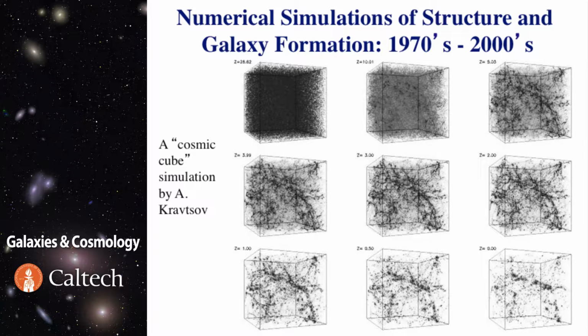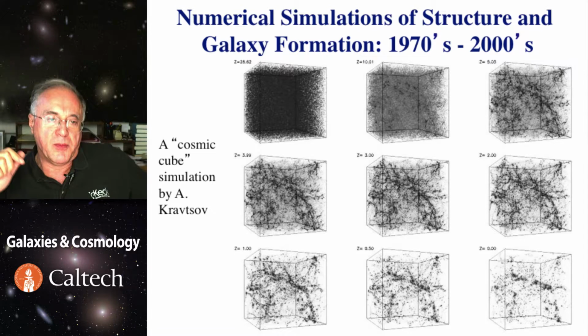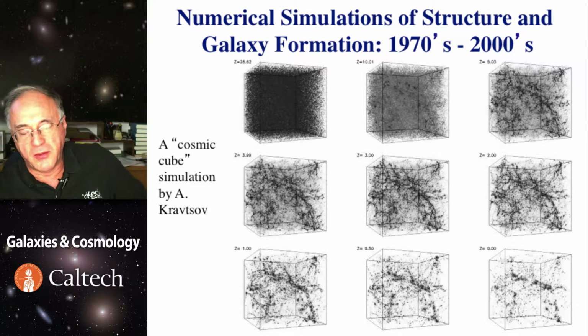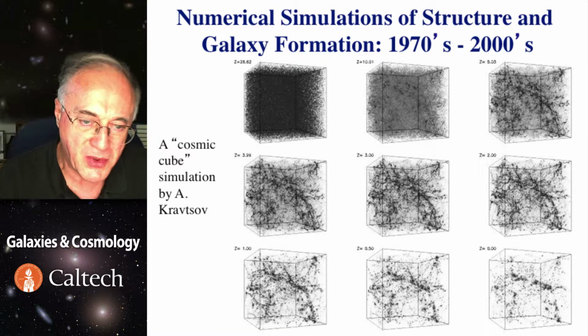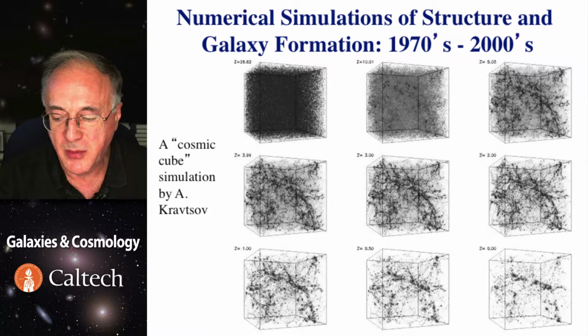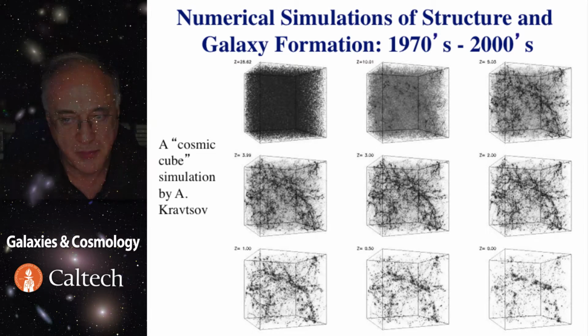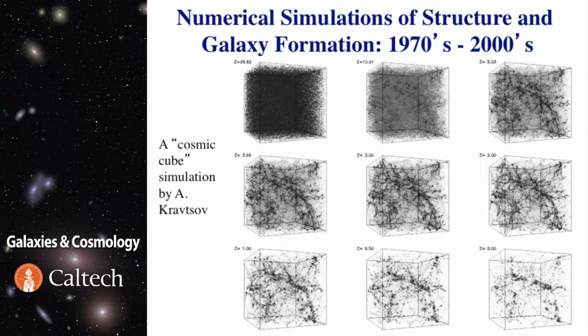At the same time, we saw the development of numerical cosmology. It is impossible to analytically follow how systems of billions and larger numbers of particles evolve, but we can simulate them in a computer. The improvements in computer technology enabled very sophisticated and ever better simulations to be done, and here is just a set of snapshots from one by a theorist named Andrei Kravtsov.